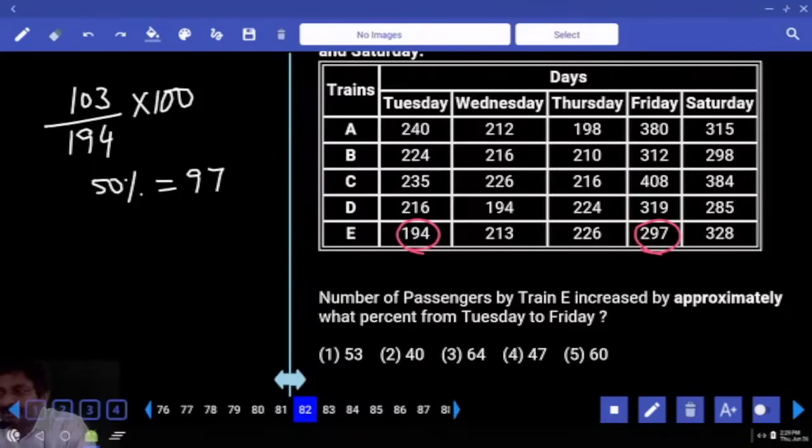Numerator is how much more than 97? 6 more. What is 1% of the denominator? Approximately 2. Then that is approximately equal to 3% only. Answer 53%. Don't go for cancellation here. Always try to get the answer by using the denominator.